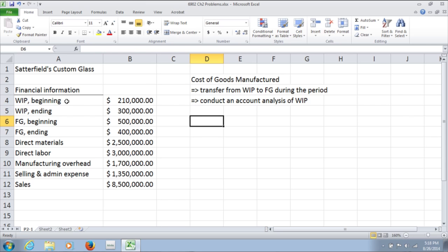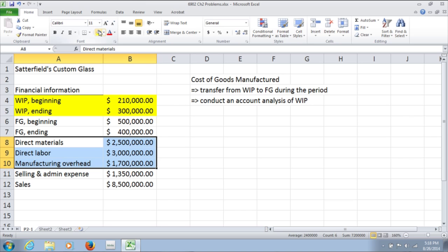So we would want to pick up the beginning and ending numbers as an item to work through, as well as what the additions to work in process were during the period.